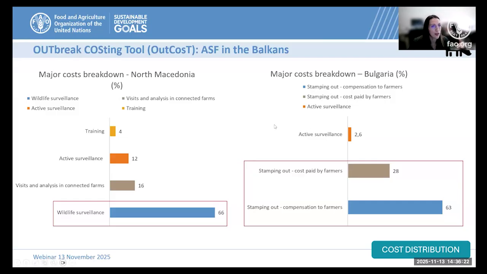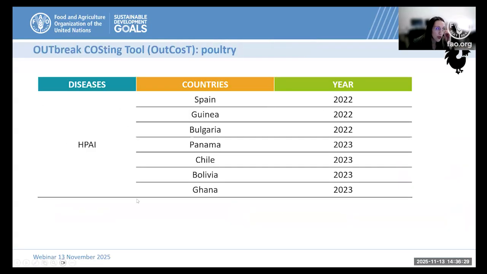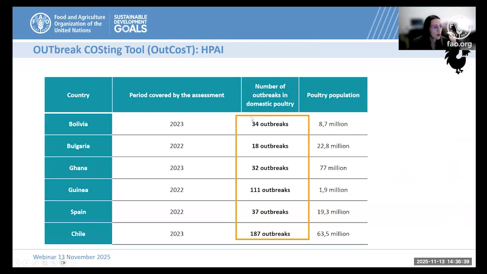And now that we went through the swine, I'm going to the poultry. For the poultry cases, we looked at highly pathogenic avian influenza with, again, countries from all over the world. And you can also see a big range here for the number of outbreaks in each country.